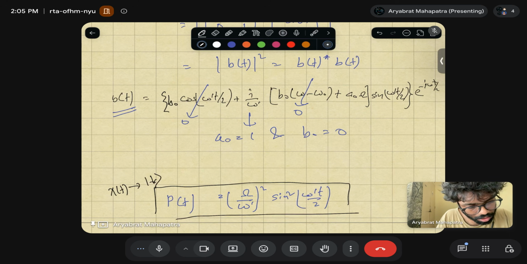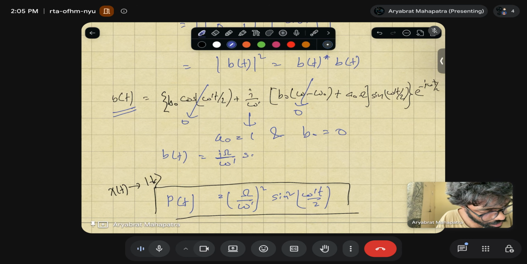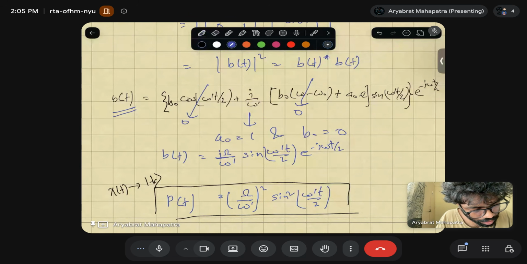from chi t to spin down state, this is your probability. So your b of t is basically something like i omega by omega prime sine omega prime t by 2 exponential minus i omega t by 2. Yeah, so this is your b of t.